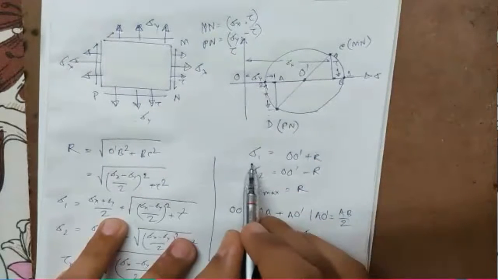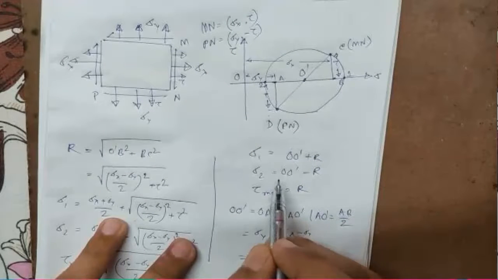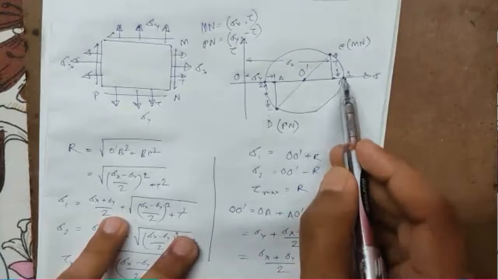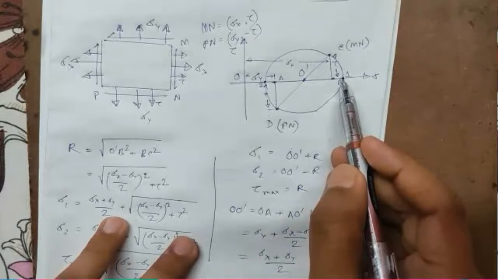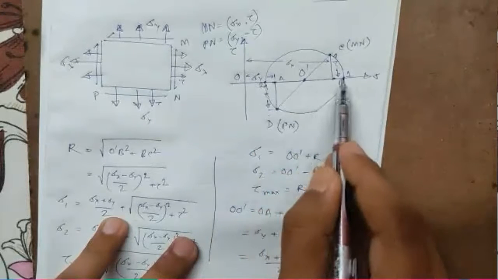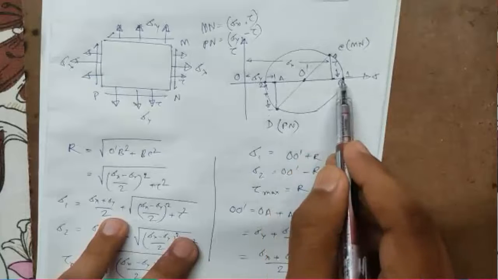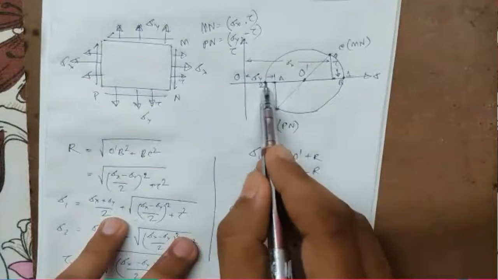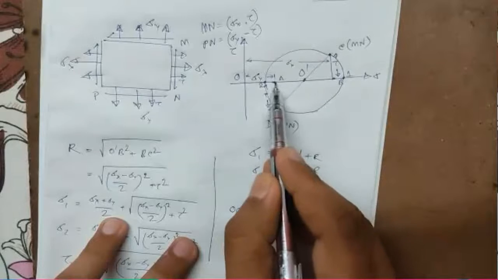So we need to find sigma 1 and sigma 2. Look at here, sigma 1 can be found here. So this is O dash plus radius of the Mohr circle. Similarly at point 2, this is O dash minus radius of the Mohr circle.